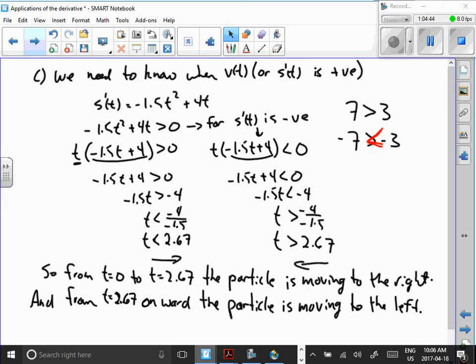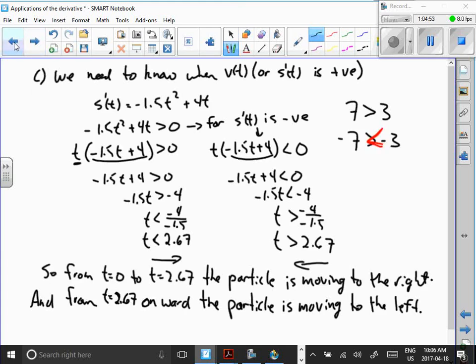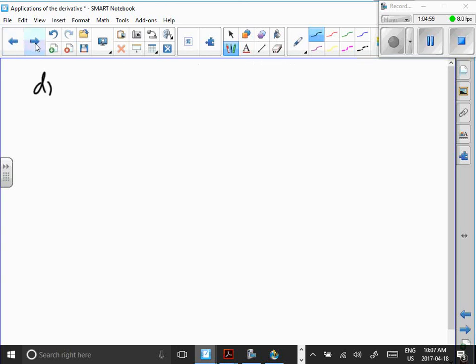Acceleration is instantaneous rate of change in velocity. Okay, so for D, velocity at t is equal to s prime. So velocity is instantaneous rate of change in position or displacement.